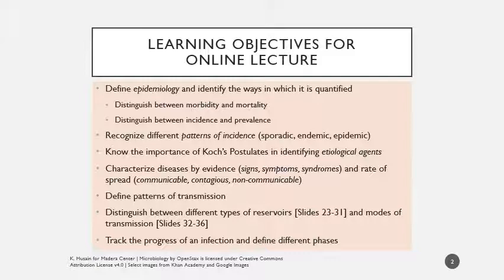We've talked about Koch's postulates before, but we'll think about their importance in identifying what we call etiological agents. We'll also characterize diseases based on the evidence we have about them, their signs, symptoms, and syndromes, as well as the rate of spread, so whether it's communicable, contagious, or non-communicable. We'll also think about patterns of transmission, distinguish between different types of reservoirs and modes of transmission, and track the progress of an infection to define different phases.